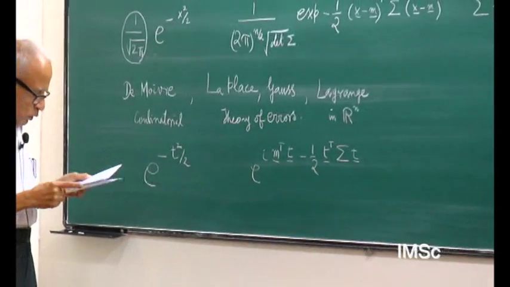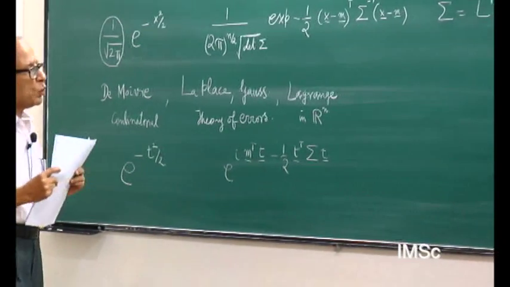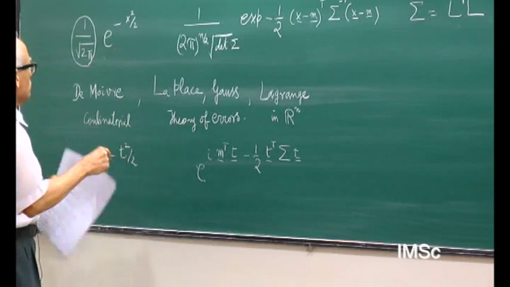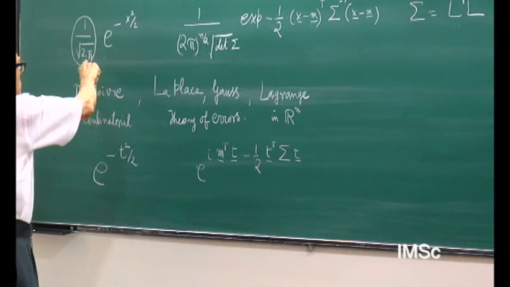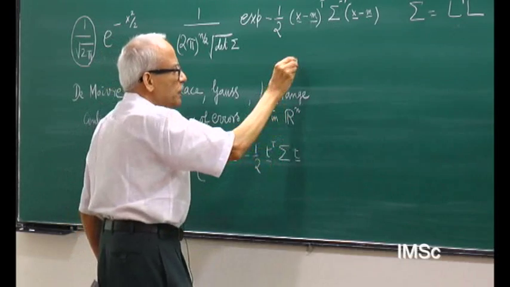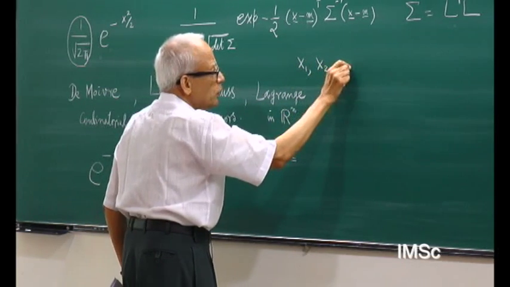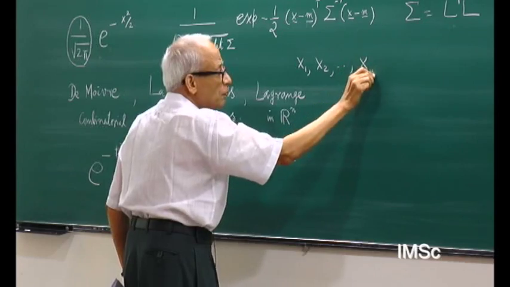Now, to study Gaussian quantum states, you consider this as a probability distribution of n random variables x1, x2, etc., xn.